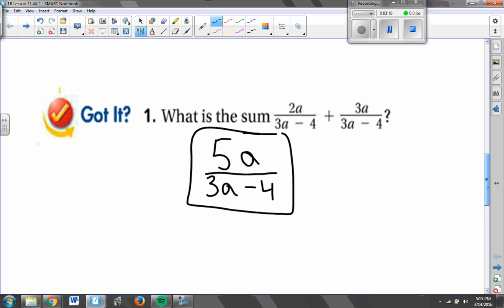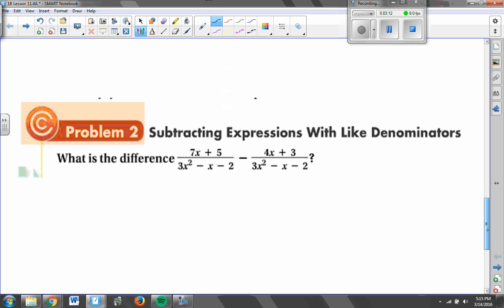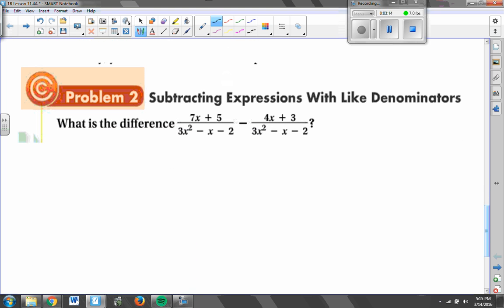Now we can do the same thing here with subtracting expressions. And when we go to subtracting, I'm going to show you something else we might have to do at some point in these kinds of questions here. So when we subtract, our denominators are most definitely the same here.